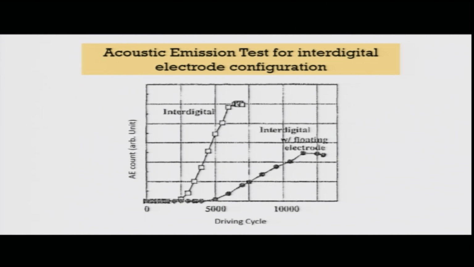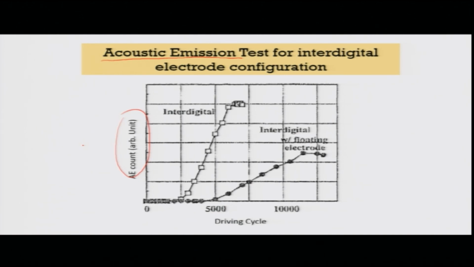Now, once we make such complicated systems, of course, we have to see that mechanically it remains stable. Because it is so small, you will not be able to really judge whether you have done a correct interdigitation or not. One way to check the perfect interdigitation is through acoustic emission. That means you vibrate the whole system at a high frequency and check the acoustic emission from the system.